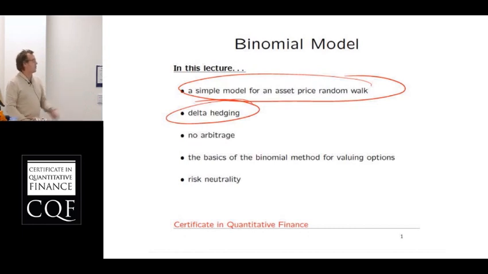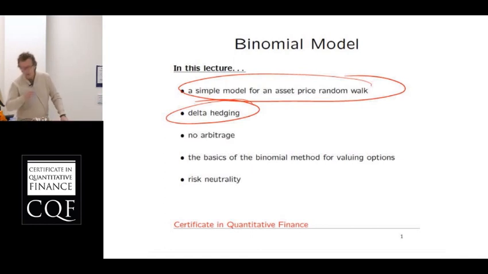You'll see how we use the idea of no arbitrage, and you'll see how all of this leads to a valuation model for options. Along the way, you'll see risk neutrality. Who's heard of risk neutrality before? Okay, a few of you.